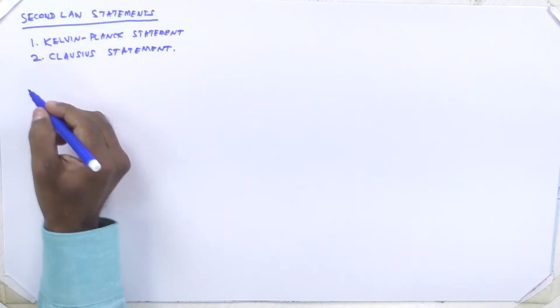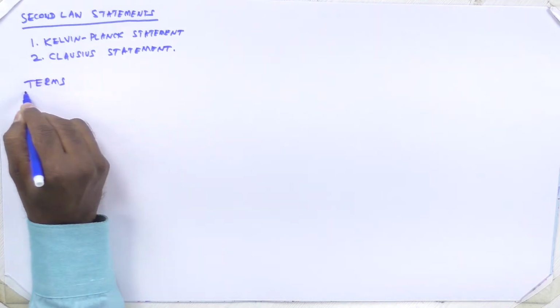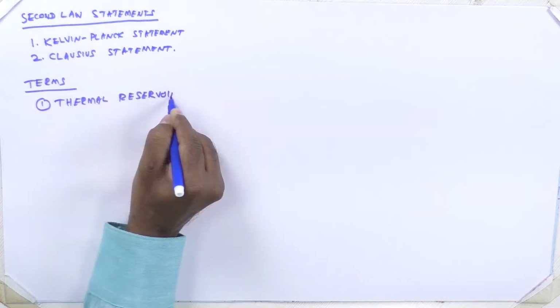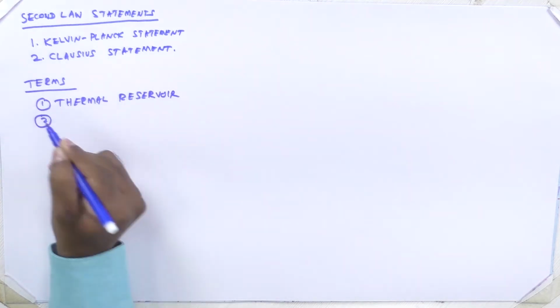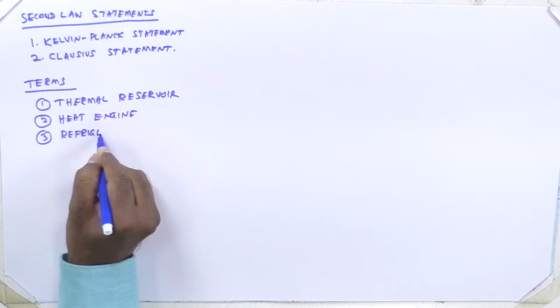So first let us define some of the terms related to the second law of thermodynamics. So now let us write the terms related to the second law. First we have to define thermal reservoir. Second one is heat engine. Third one is refrigerator.